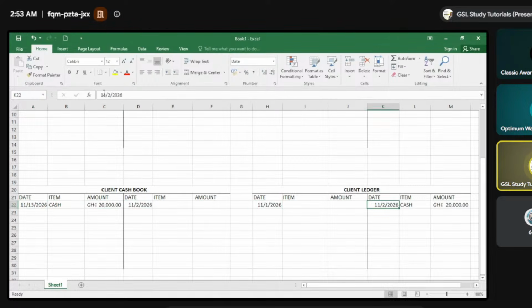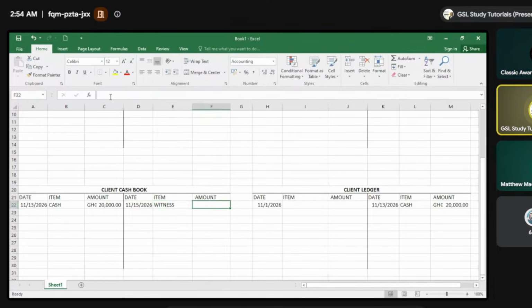So now we have come to agree that when the payment is from the client to be used by the law firm, we are crediting the client ledger and debiting the client cash book. Principal explanation. So we are dealing with November 15th, where we said that we are going to credit. So here will be witness.